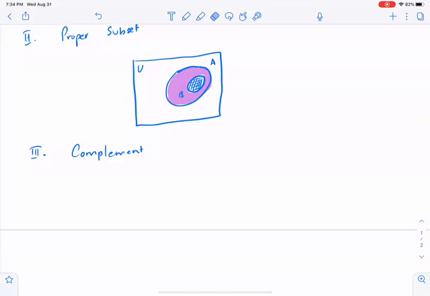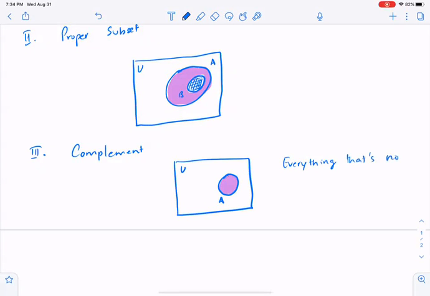For instance, if I pick a set A, everything that's not shaded in U, the universal set, is a complement.